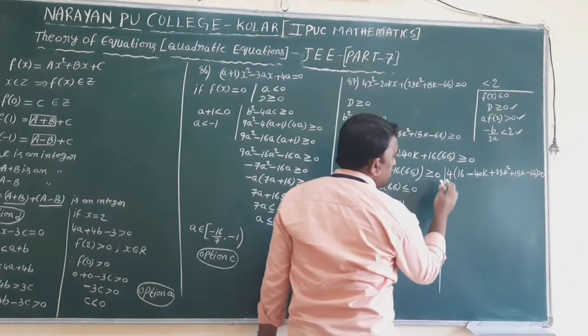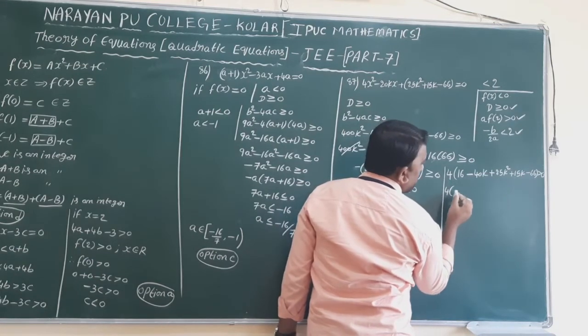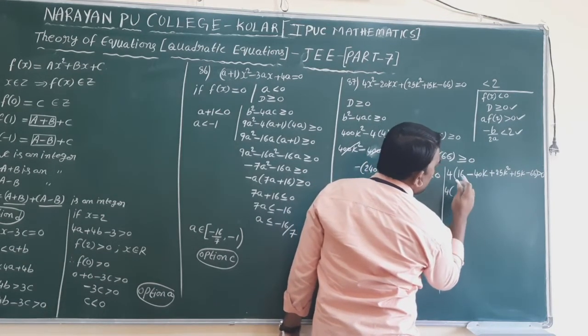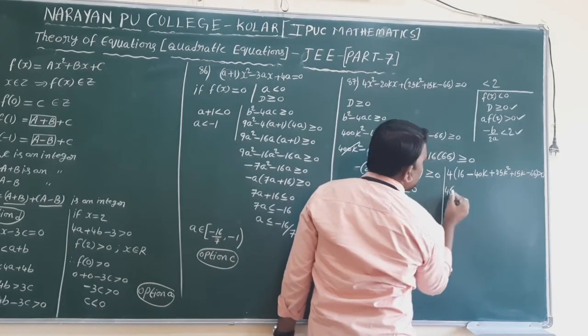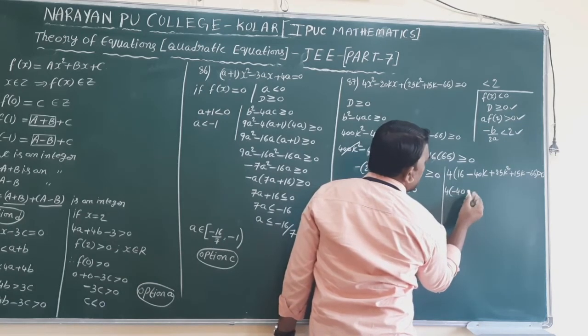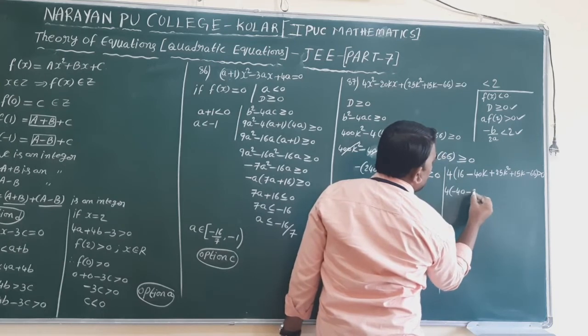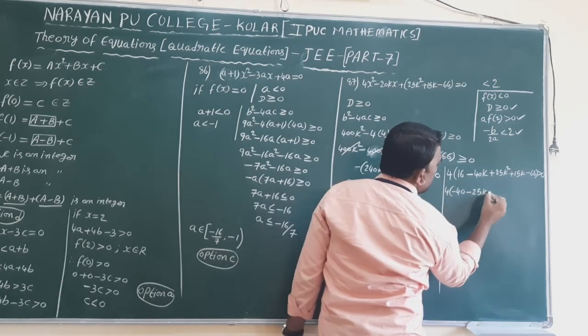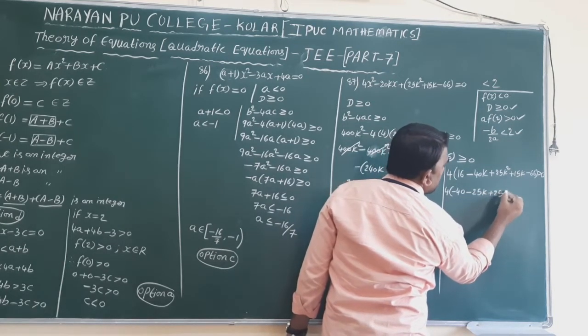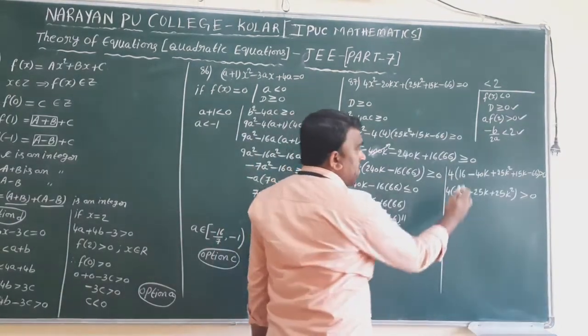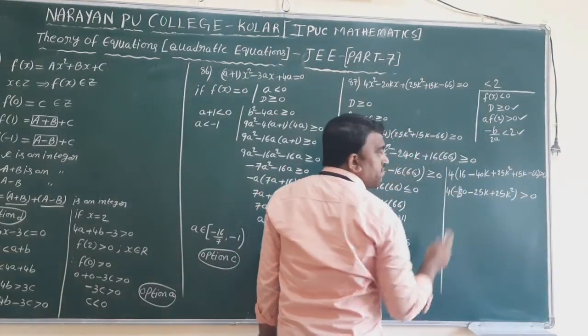Simplify that. 4 into 16 minus 66 minus 40k plus 15k plus 25k². Here 16 minus 66 is minus 50.